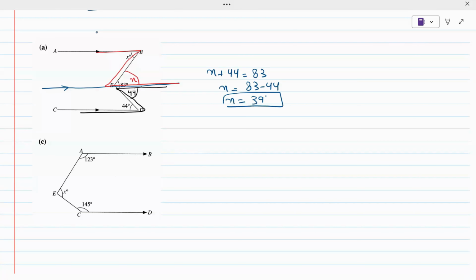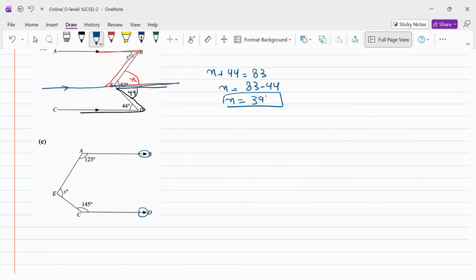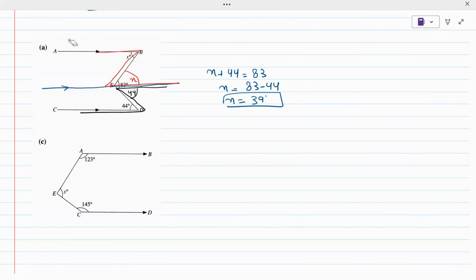In the next example, we'll follow the same technique because here again, we can see the lines are parallel. These arrows are an indication about the parallel lines. But here again, we cannot see any letter C, letter F, letter Z being directly applied.